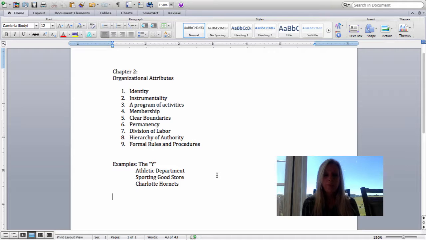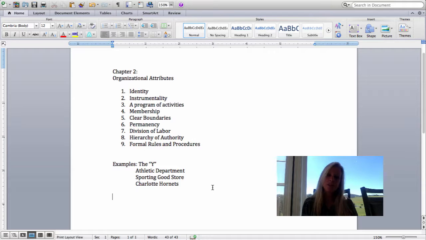Division of labor. Here, it's easy to look at an athletic department, and you have your athletic department, your organization as a whole. Right, within that umbrella, what are your divisions, and why do you have those divisions? You have a marketing department, events. You have game day operations. You have someone to oversee the facility, someone to oversee the equipment room, right?